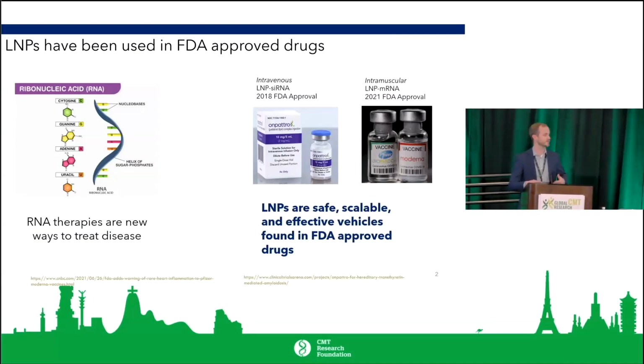In 2021, we saw two approvals for the intramuscularly administered LNP mRNA COVID-19 vaccines. Through these approvals, we've seen that LNPs are safe, scalable, and effective delivery vehicles. And there's been a huge interest in using these vehicles to deliver RNA therapies for treating other diseases.